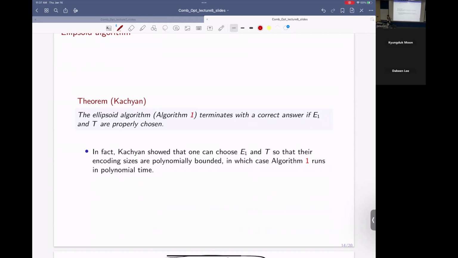Well, in fact, Khachiyan was not the one who proposed the ellipsoid algorithm. He's the one who proved polynomial time convergence. Now the ellipsoid algorithm is always credited to him, but he was not the one who proposed this idea.